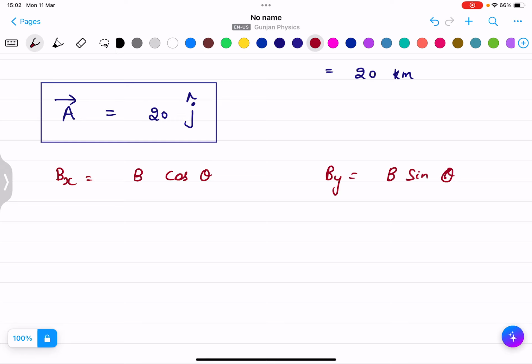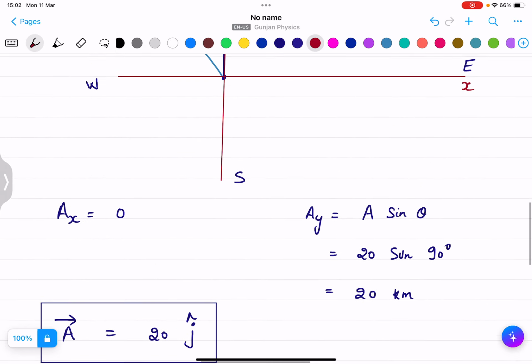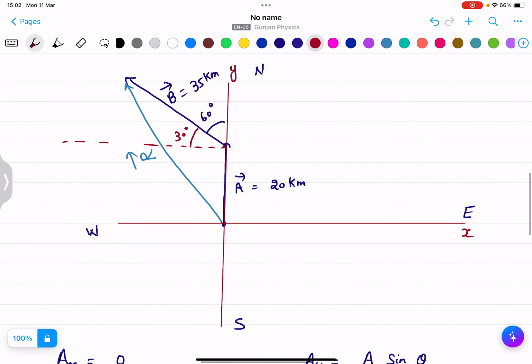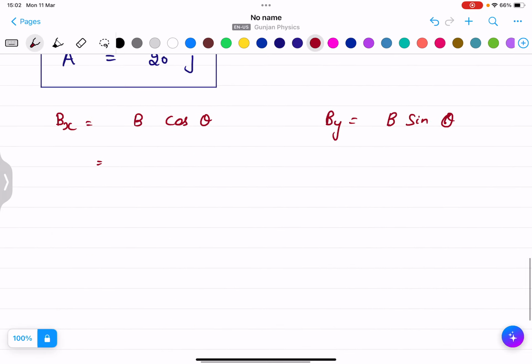Now bx is in the negative direction, the negative x-axis. So I can write it as minus 35 cos 30 degrees, and by is 35 sine 30 degrees, because y is positive.